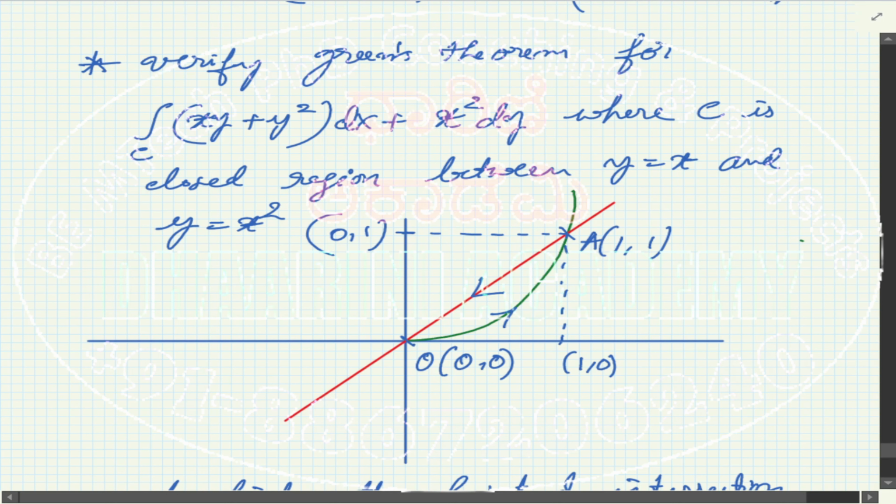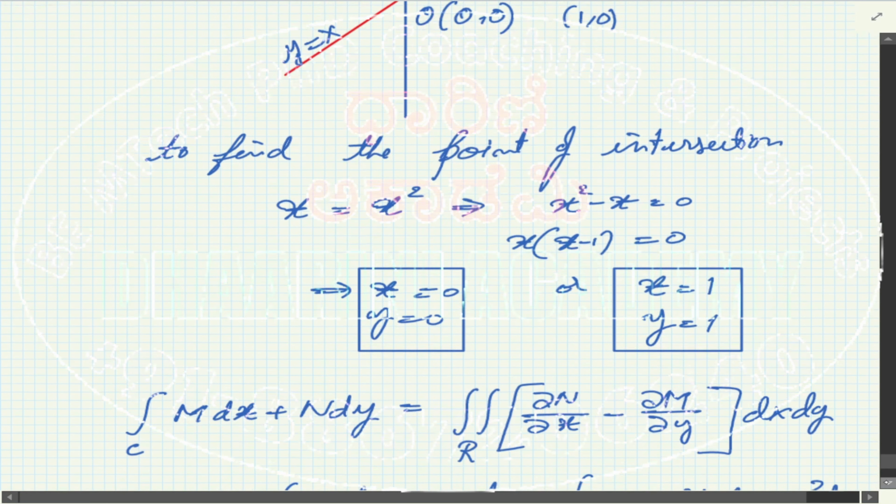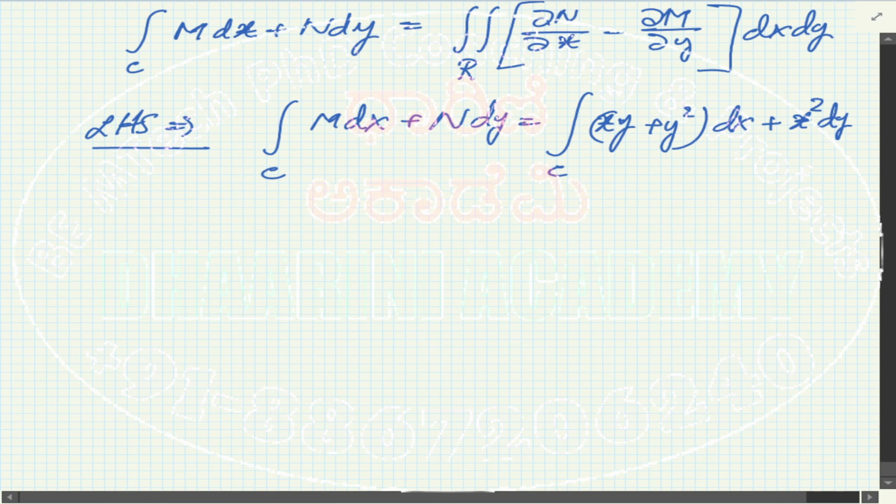So this straight line is the y equals x line, and the green colored curve is y equals x squared. So we know that we are going to consider two different curves to move from O to A once and A to O back.